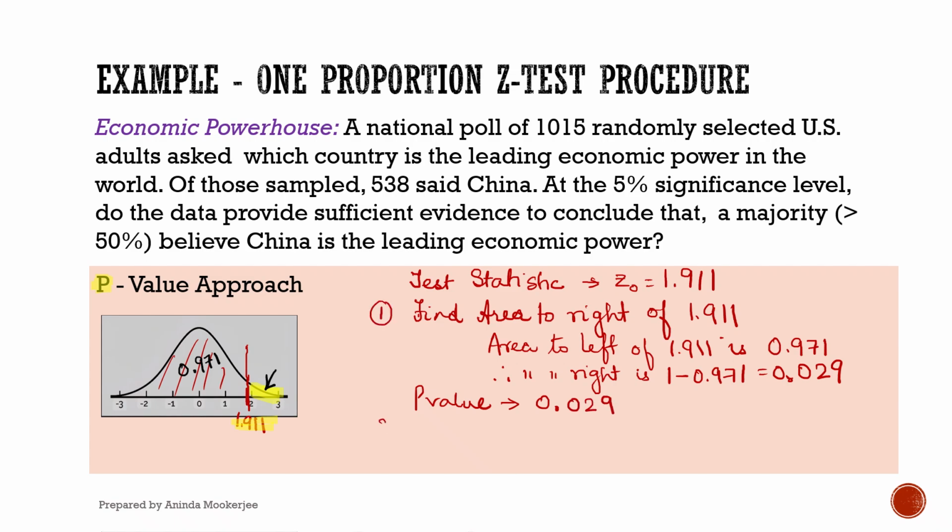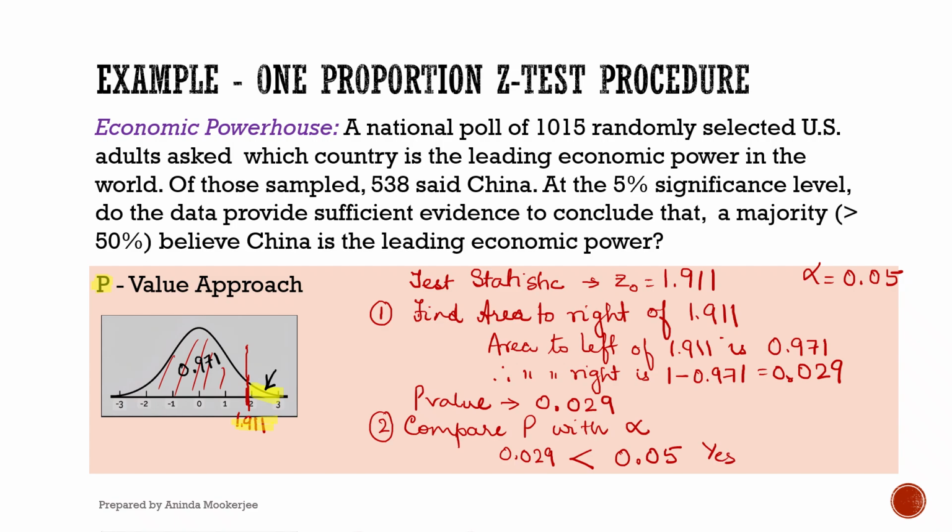In the second step, you're going to compare the p-value with alpha. So in this case, it's 5%, alpha was equal to 0.05. So you're comparing 0.029. The question you're asking is, is it less than the alpha value of 0.05?